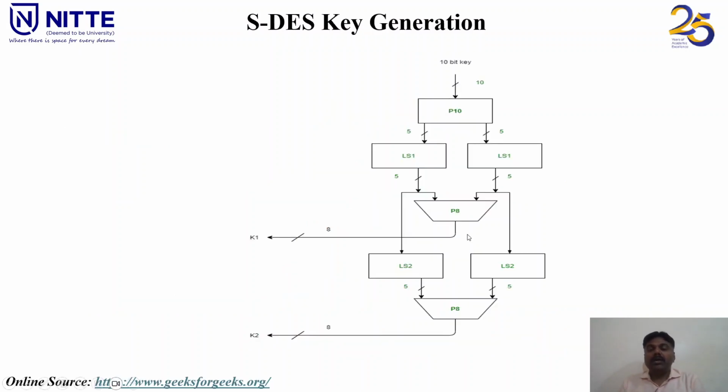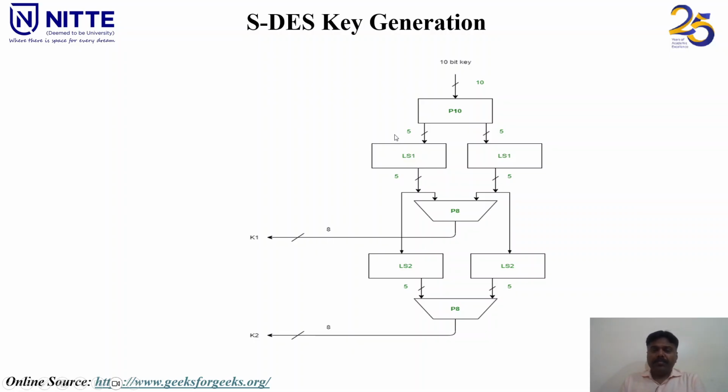As I told, for the SDES key generation, with the 10-bit key, I'll perform the 10-bit permutation, then divide it into 2 equal halves, 5 bit plus 5 bit. I'll perform the left shift by 1 bit. From the output of this left shift operation, I'll select only 8 bits. That 8 bit is considered as k1.